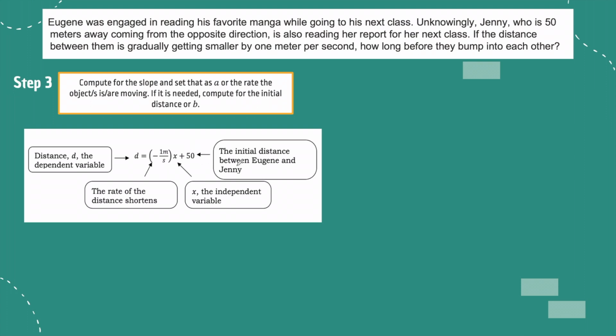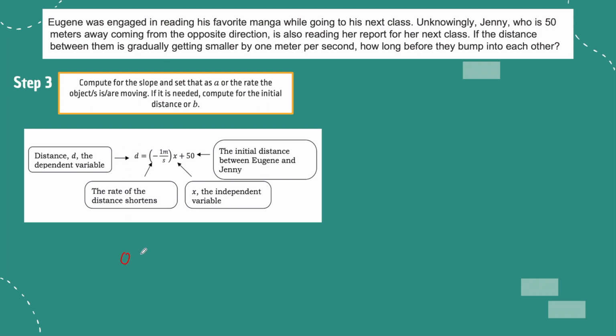50 is the initial, yung starting distance ng dalawa. Then, x is the independent variable. Ito yung time. So, yun yung hinahanap natin. Since yung distance nila, kailangan maging 0 na sa isa't isa para magbanggaan sila.